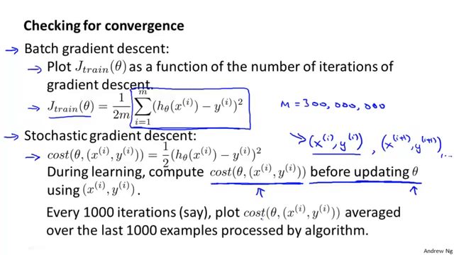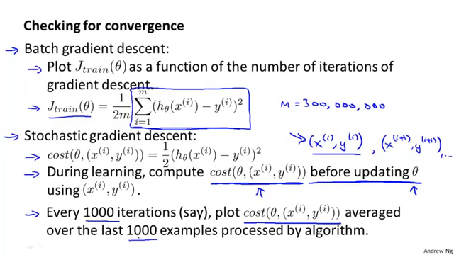Finally, in order to check for the convergence of stochastic gradient descent, what we can do is every 1,000 iterations, plot these costs that we've been computing in the previous step, averaged over, say, the last 1,000 examples processed by the algorithm.